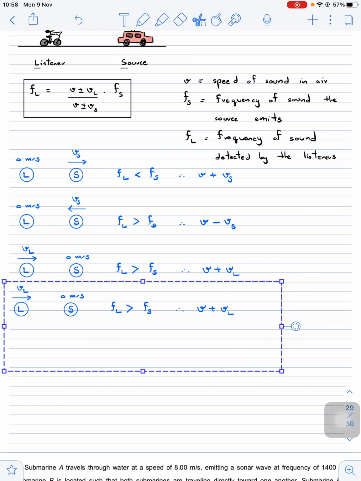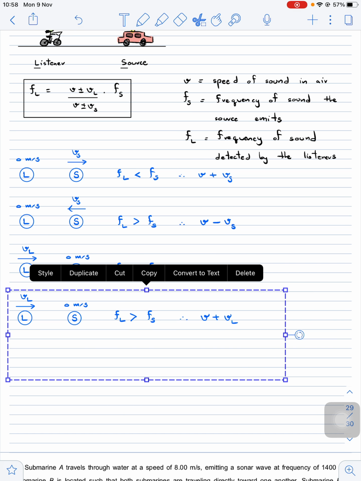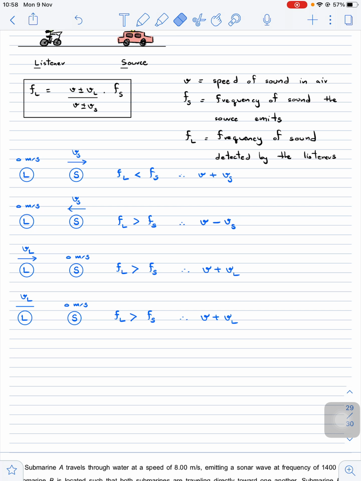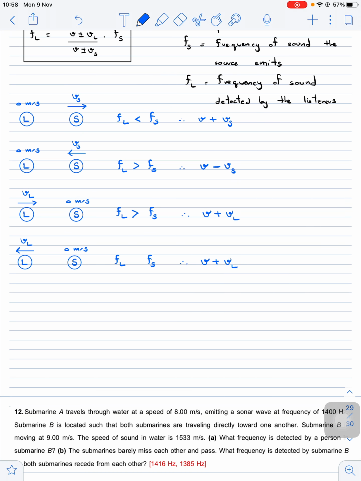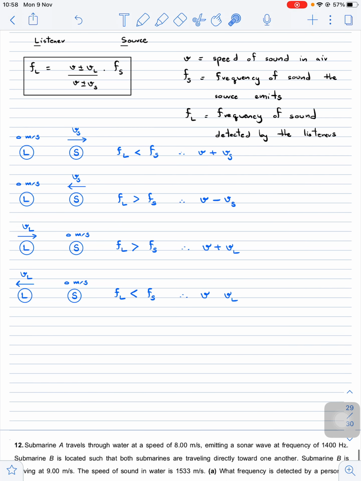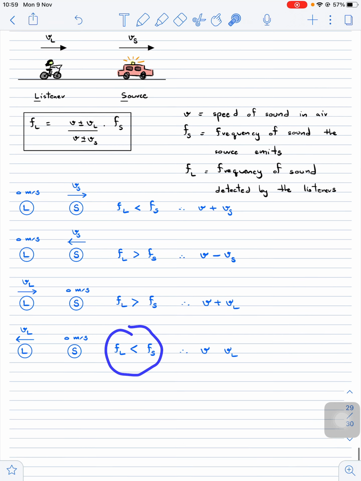Okay, so now for the final case, if the listener is just moving away from the source, as you can see, the FL should be less than the Fs.